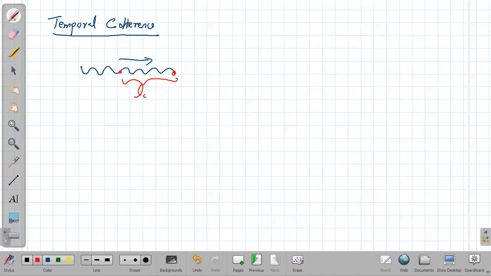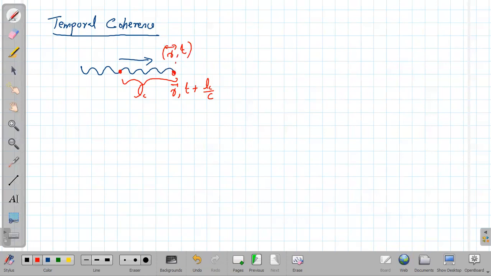Now, why is it called temporal coherence? The reason is, if you look at this location, suppose it is denoted by the symbol R, at some time t. The light which is over here will reach the same location after some time. If it is temporally coherent up to LC, then at the same location at time t plus LC by C, the second point will reach here.